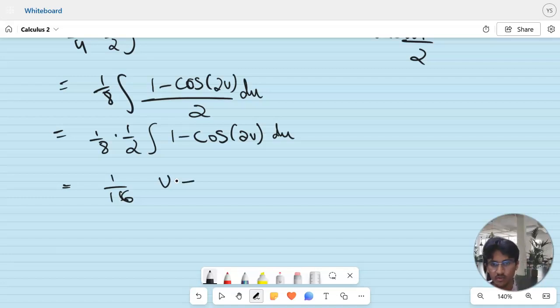What do we know the integral of cosine is? It's going to be sine, right? Sine 2u, and then divided by the derivative of whatever is inside, so the derivative of the inside is just 2. Okay, so that is our answer, and we're of course going to have that plus c.